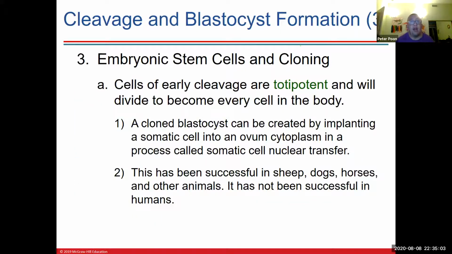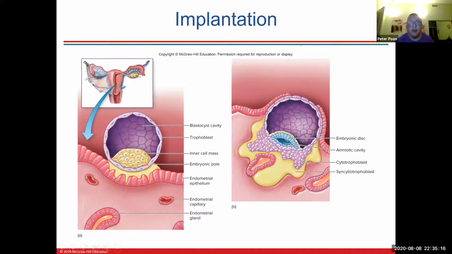Okay. Embryonic stem cells and cloning. Early embryonic stem cells are totipotent. So not only can they turn into any cell in your body, they can turn into any cell in the placenta and stuff.